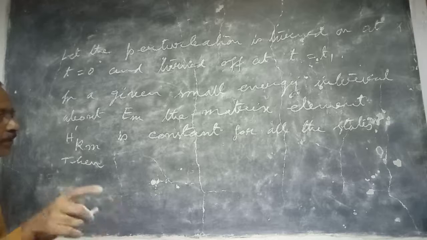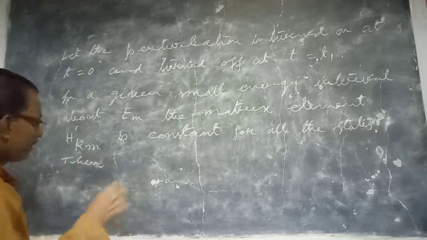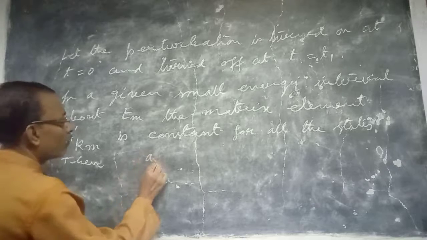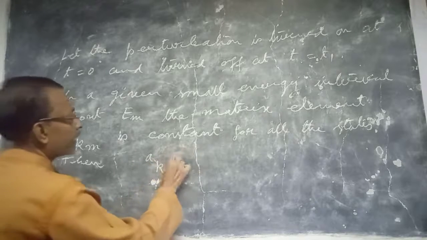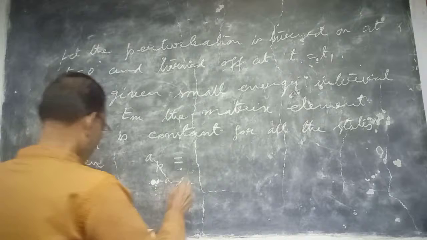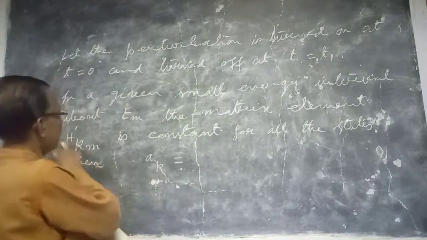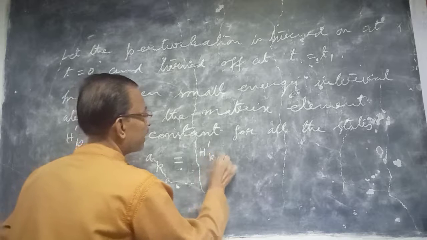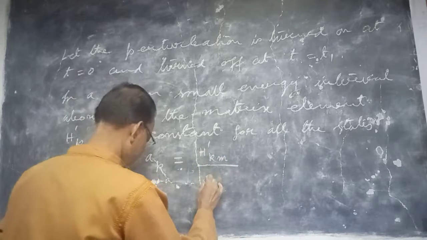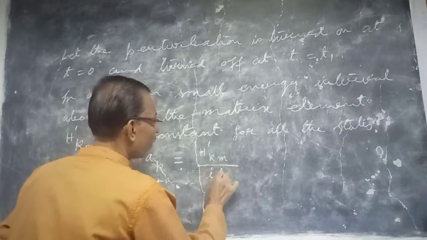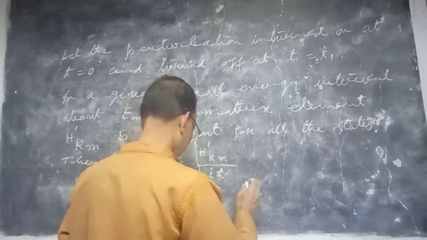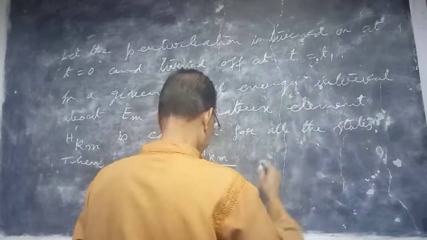If we integrate the earlier equation, which is represented in equation 8, then we get Ak. It has an integration over it. H prime Km is a constant quantity, so it can be taken out of the integration: H prime Km by i h cross, and integration over the exponential e to the power i omega km t.